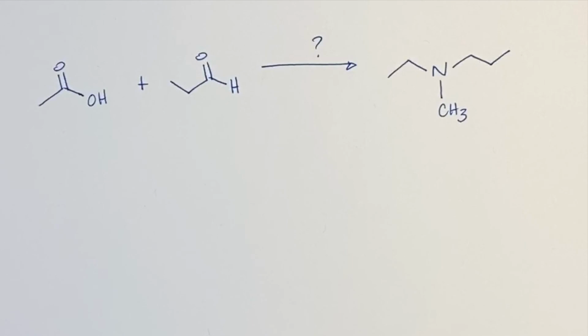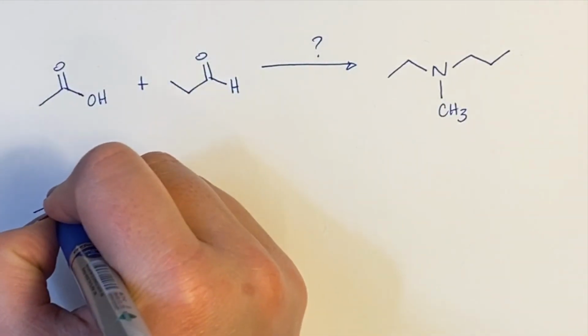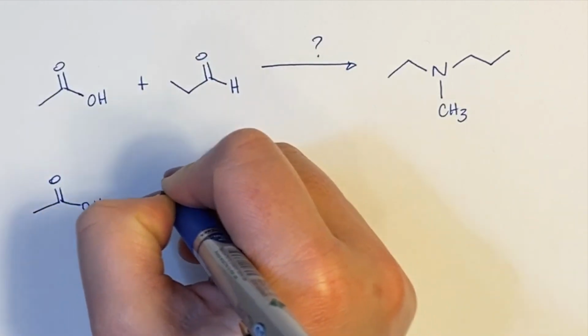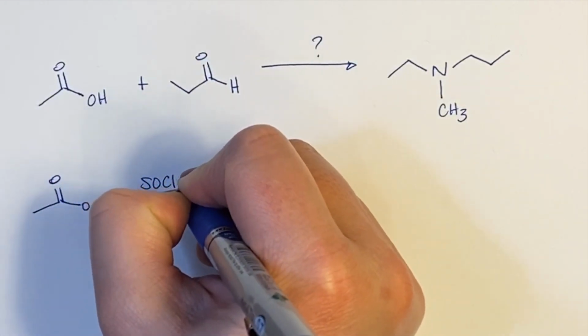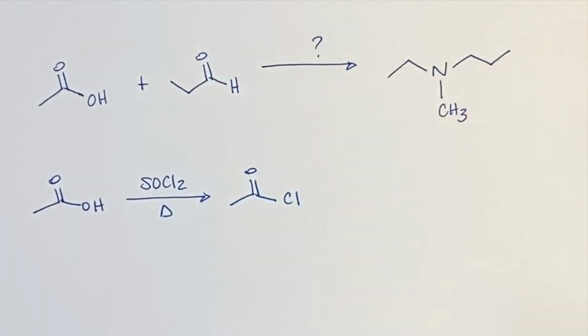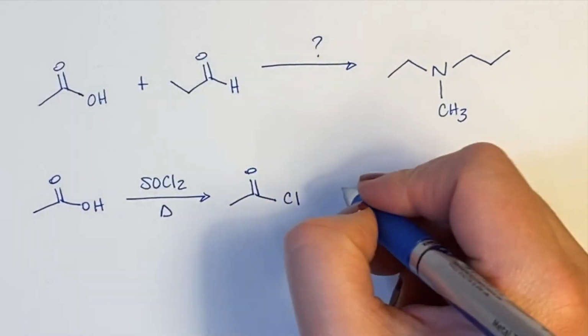Again, there's more than one way that you could come up with a synthesis for this compound, so let me demonstrate one way that uses several of the reactions we've discussed. I could take this carboxylic acid and treat it with thionyl chloride and heat in order to make an acid chloride. With this acid chloride, I could react an amine.